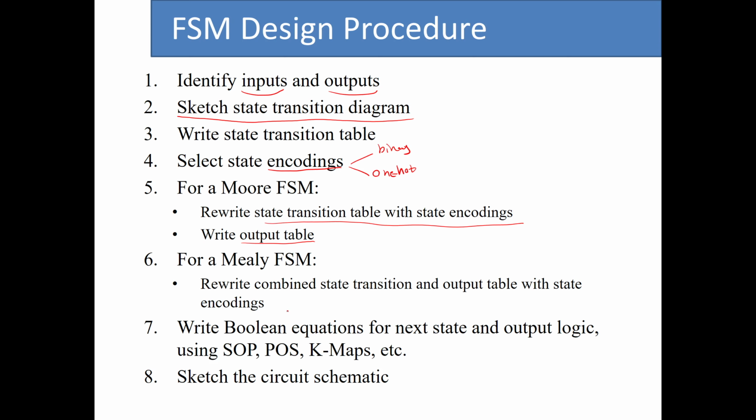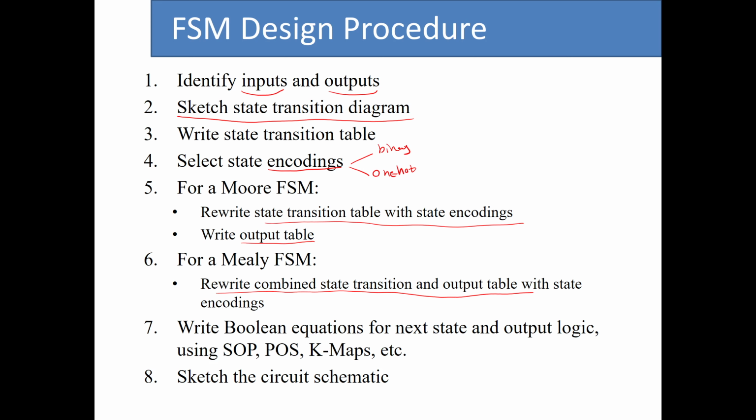For the Mealy FSM, what we need to do is write a combined state transition and output table. The reason is that both the next state and the outputs of the system depend on the current state of the system and the inputs. Even though you can do this using two tables, it is easier to do it in one table.